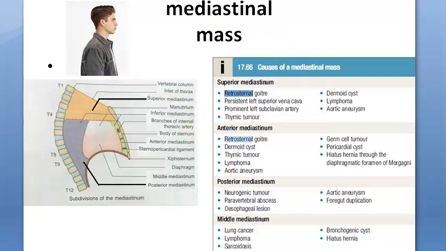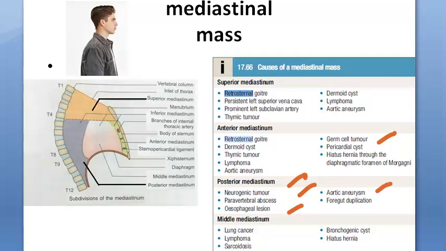So the mediastinal masses, what all can it be? It can be goiter, it can be something to do with the superior vena cava, subclavian artery, thymic tumor, dermoid cyst, lymphoma, aortic aneurysm. What else can it be? Germ cell tumor, hiatus hernia, I think you can write this in the exam. Then pericardial cyst, some tumor, some abscess, some lesion, some aneurysm.